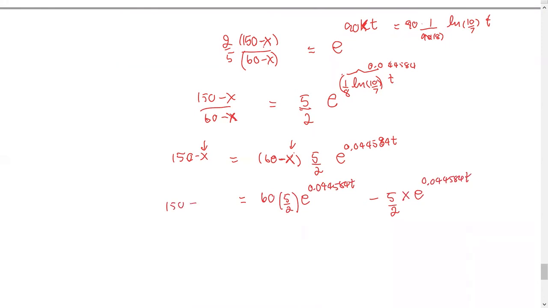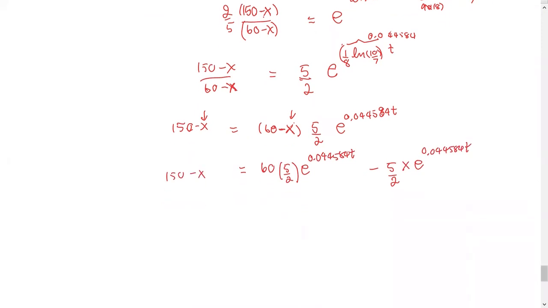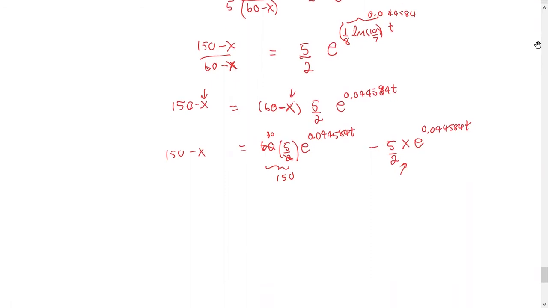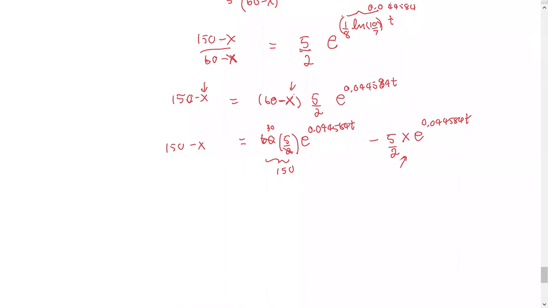And on the left side is 150 minus x. This number reduced to be 150. And since this is the x term and the x term, move the term over and then subtract both sides by 150. Rearrange it.